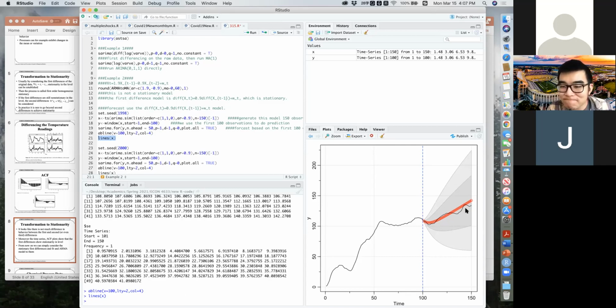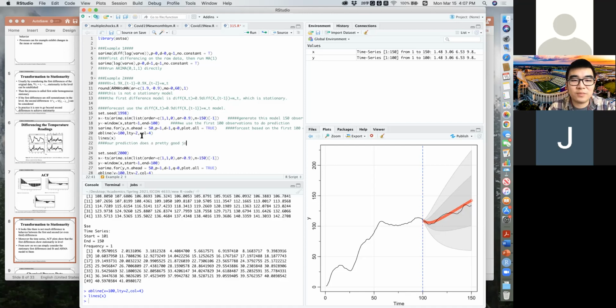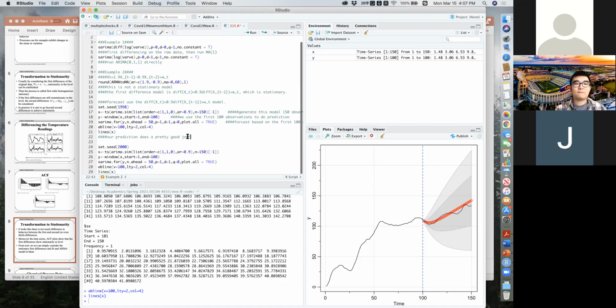It says that this is a very good model to do prediction. So the conclusion is that our prediction does a pretty good job.